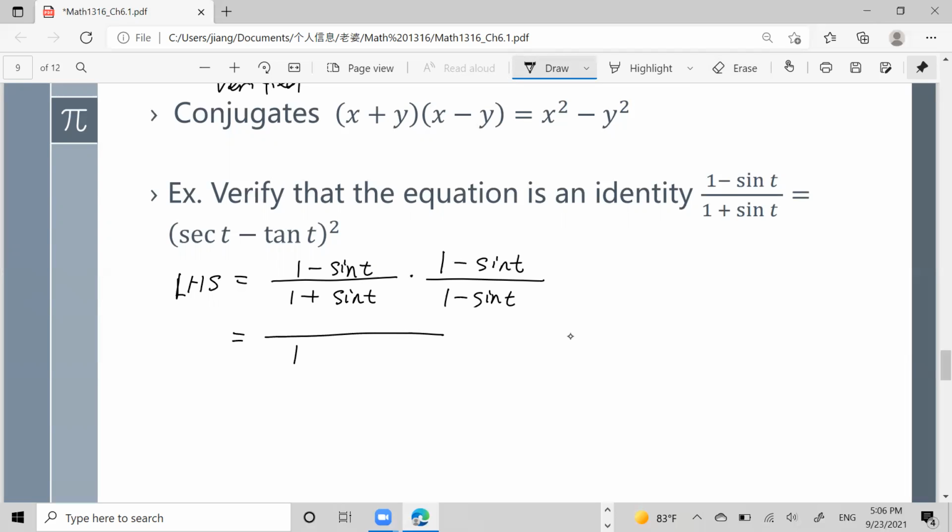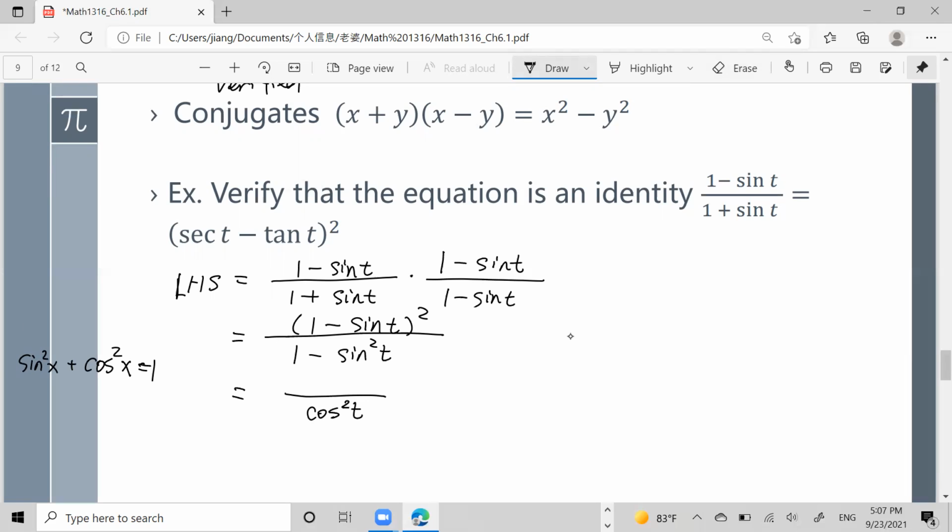Then the bottom is 1 minus sine t squared, and the top one is 1 minus sine t squared, because you have 1 minus sine t times 1 minus sine t. And then the bottom one is cosine t squared. Remember the conjugate formula and sine x squared plus cosine x squared equals 1.